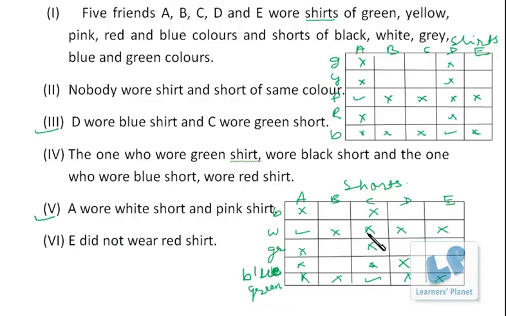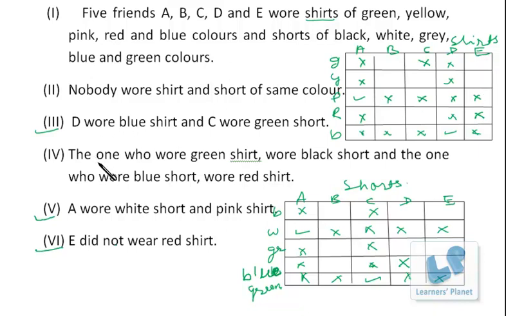Now C has worn green shorts. So C will not wear green shirt. So C and green, cancel it out. Now E did not wear red shirt, so E and red, put a cross mark over here. Now E is left with two choices, either green or yellow shirt, right?